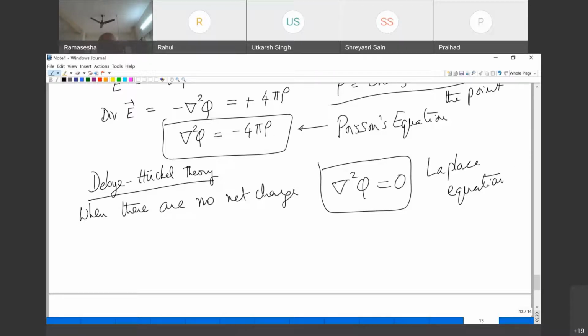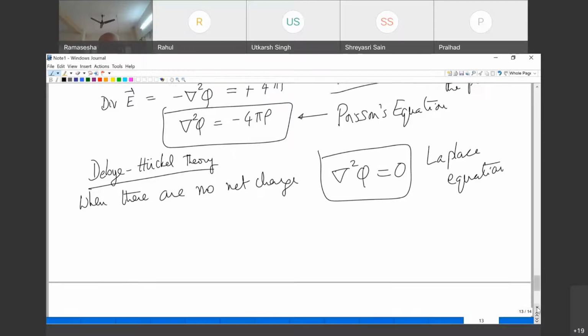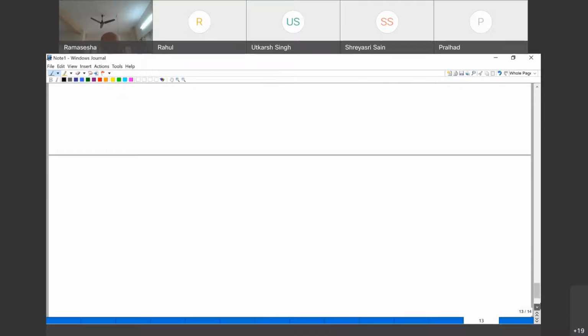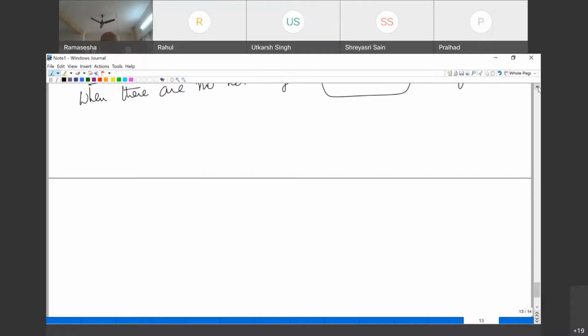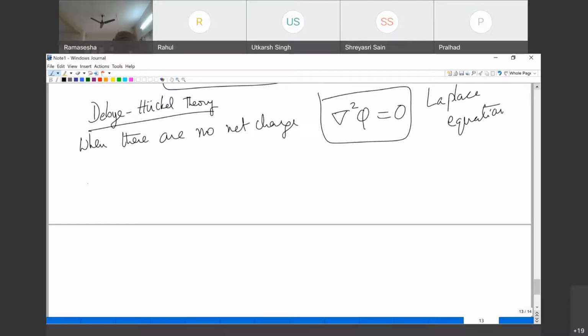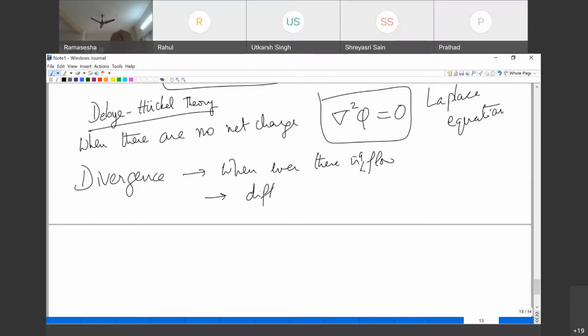Okay, any questions so far? You come across divergence whenever there is a flow. For example, in diffusion problems, you'll come across divergence.